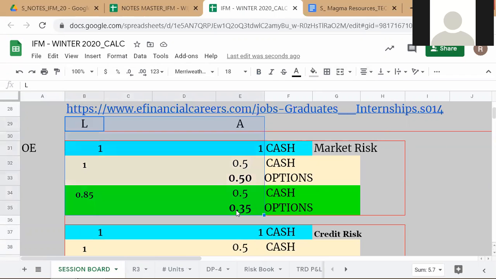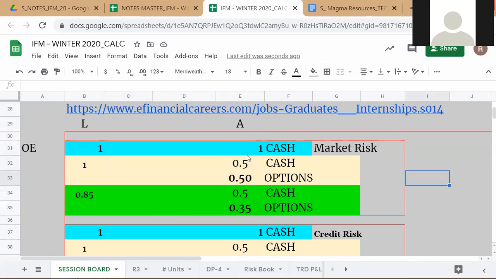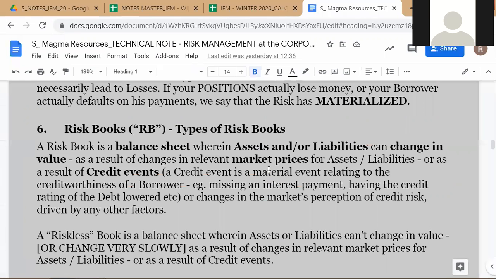You understand what is going on here. This is the balance sheet. Here you have cash, and this is how it's changing. So a risk book essentially is a balance sheet where you have assets and or liabilities.